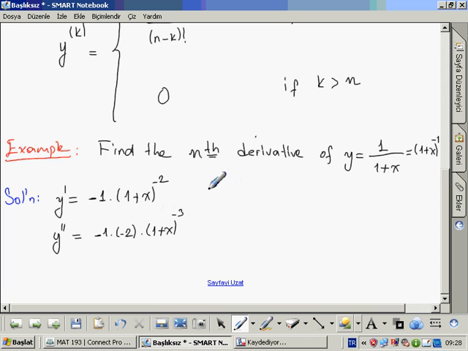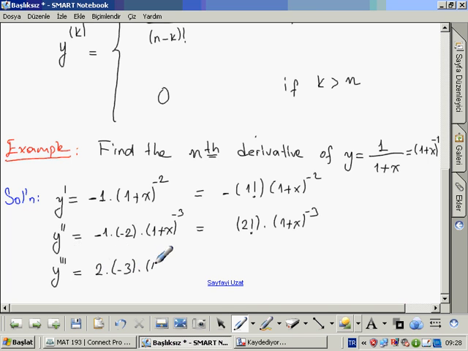From here we can say minus 1 factorial times 1 plus x to the power of minus 2, and from this part we can say 2 factorial times 1 plus x to the power of minus 3, and the third derivative of y would be 2 times minus 3 times 1 plus x to the power of minus 4.